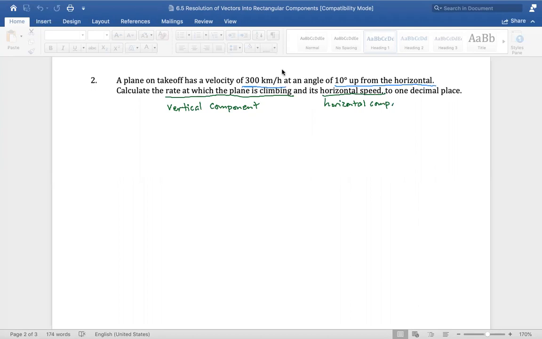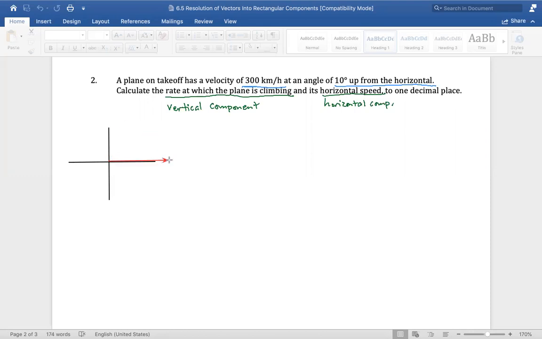So what I need to do is draw my vector. Scale doesn't matter because I'm only drawing a single vector. I'll do it in red. That's 10 degrees up from the horizontal. If this was my horizontal, we always start in the positive x-axis direction and go counterclockwise.